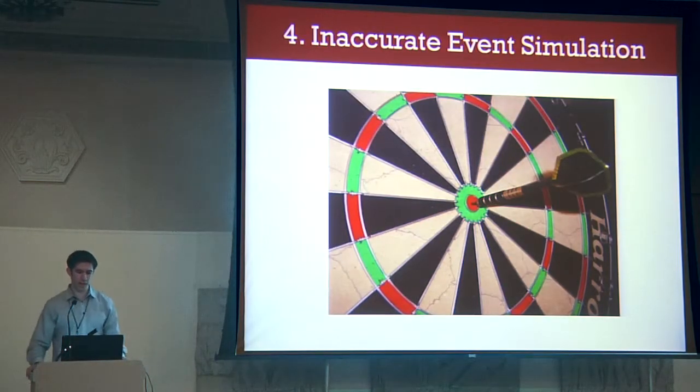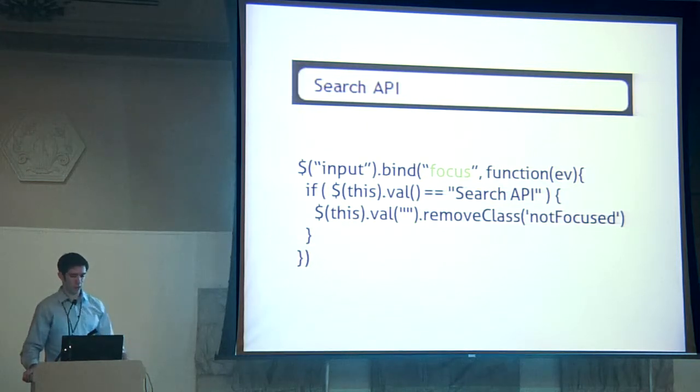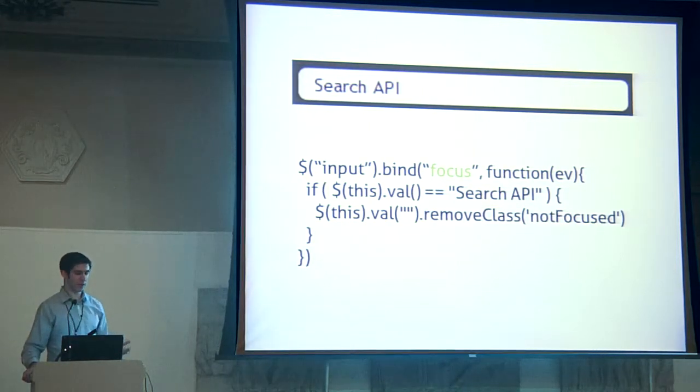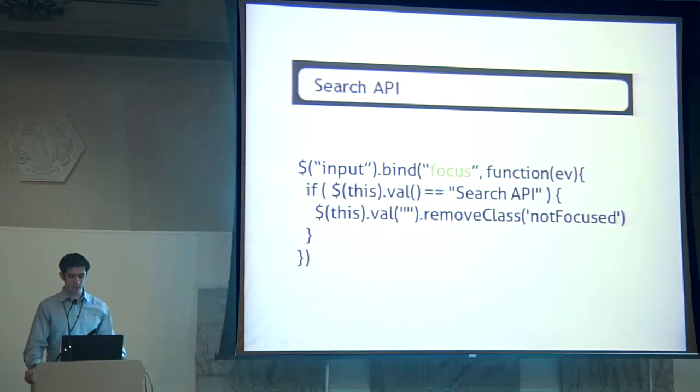So another issue is inaccurate event simulation. The traditional example here is if your testing suite doesn't have very accurate event simulation. In this example, if you're writing a test that clicks this input up here, your testing suite has to not only publish a click event, but the browser also publishes a focus event.